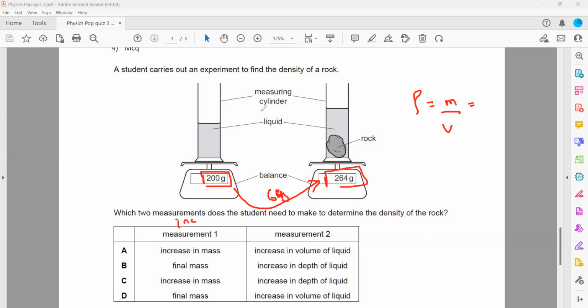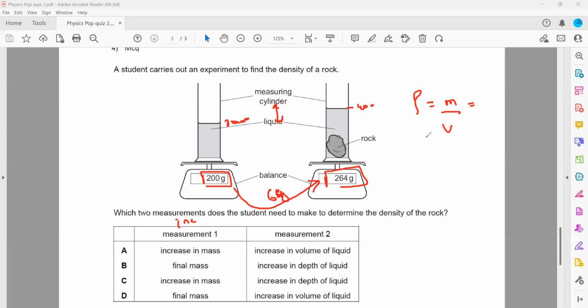And what about the volume? How much does the volume increase? Because how much the volume changes refers to the volume of the stone. When we add this stone, how much the volume changes will give us the volume. Say originally it was 30 centimeter cube and then it changes to 40. So what is the volume of the rock? The volume of the rock will be 10.